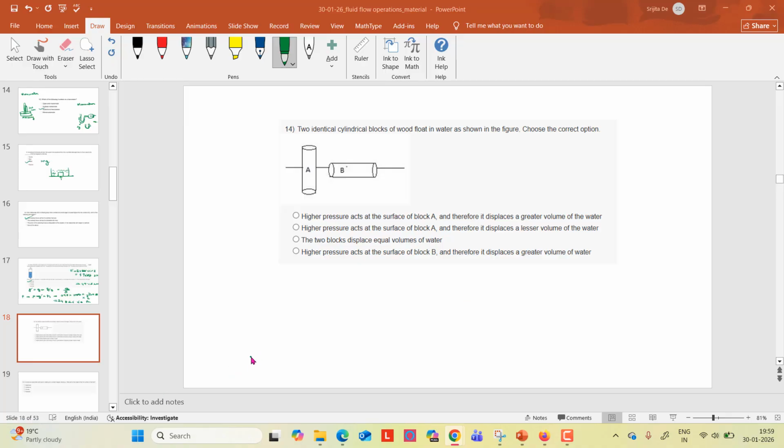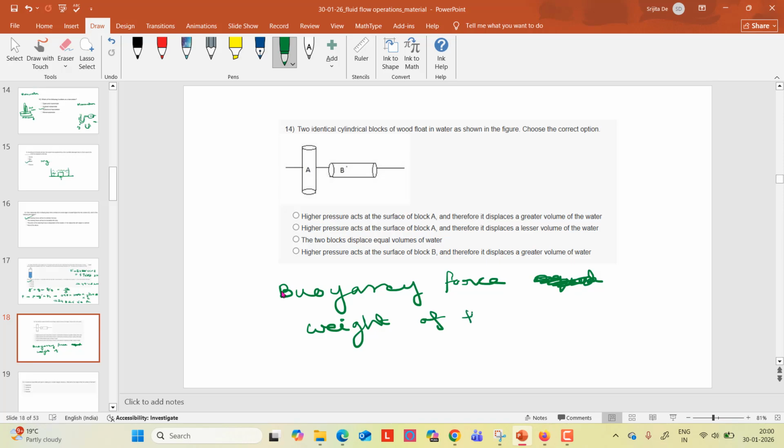The buoyancy force is not dependent on that, it is dependent on the volume or weight of the displaced water or displaced liquid, right?